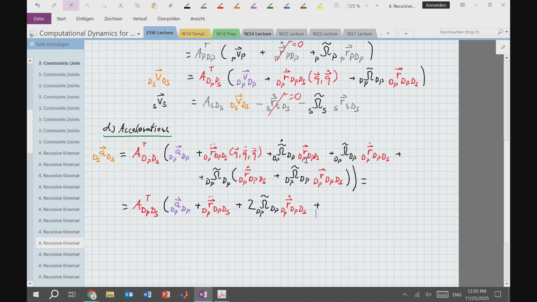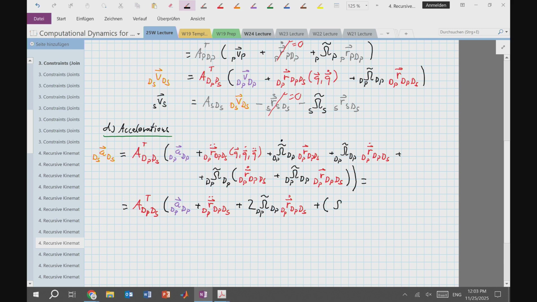And then in front of my rdpds, I have omega dot from this equation up here, and here I have basically omega tilde times rdpds. So omega tilde squared.